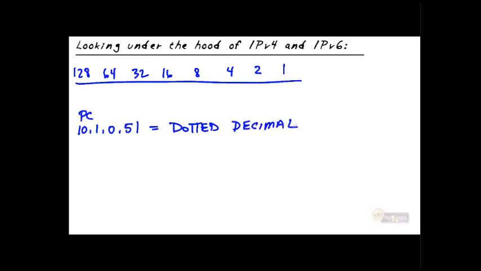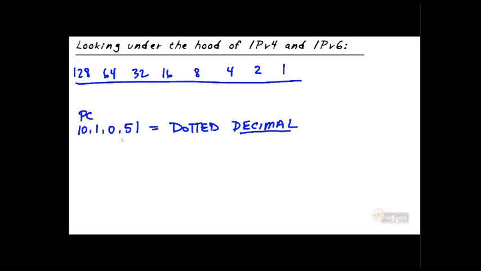What is decimal? That's the numbering system that you and I use: base 10, normal everyday numbers. And the dotted simply means they put periods between each of the numbers. So it's 4 numbers separated by a period.